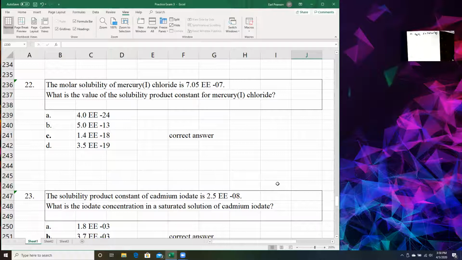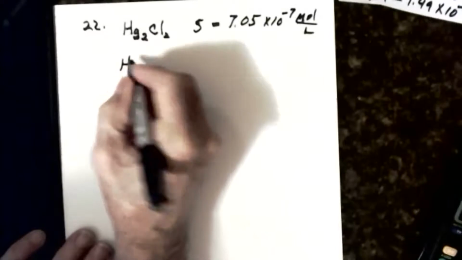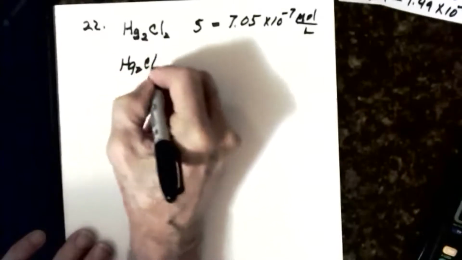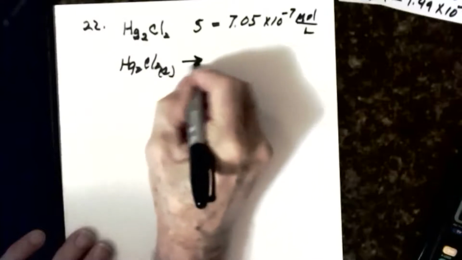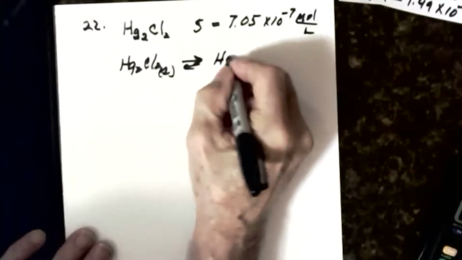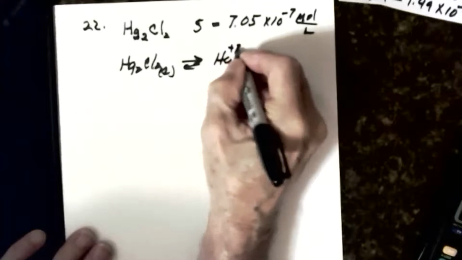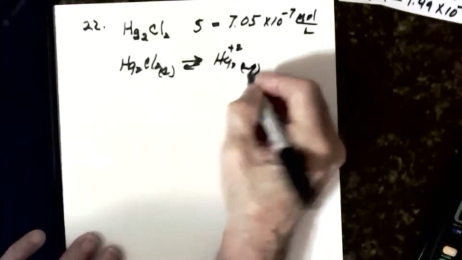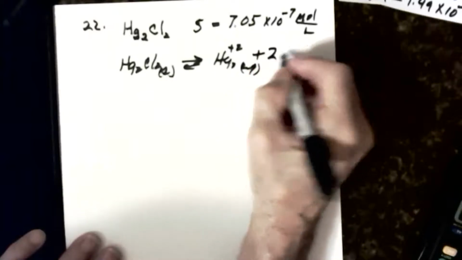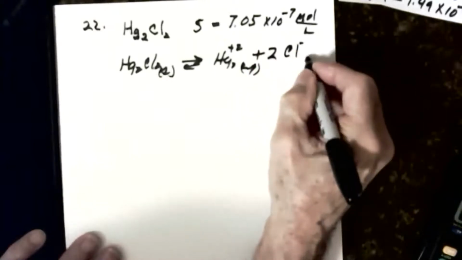Okay, so let's get our screen over here. Now, here's our salt, Hg2Cl2 solid is going to dissociate in water to Hg2 plus 2 ion, aqueous, plus 2 Cl minus, aqueous.